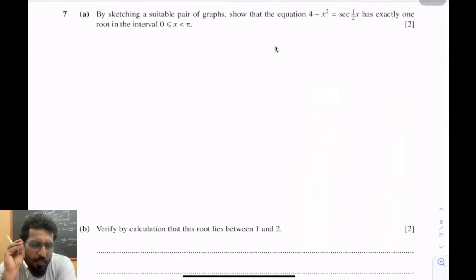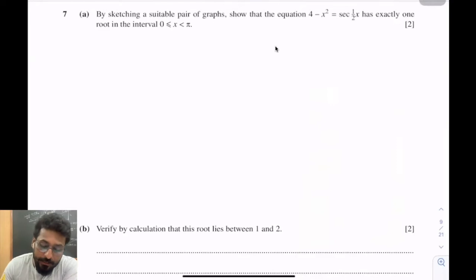There must be some value of x for which the LHS and the RHS become equal. I want to find that value of x, and I want to show that there is exactly one value lying between 0 and pi. There might be more values after the given interval, but I have to check for the given interval from 0 to pi. Okay, so that's pretty easy stuff.